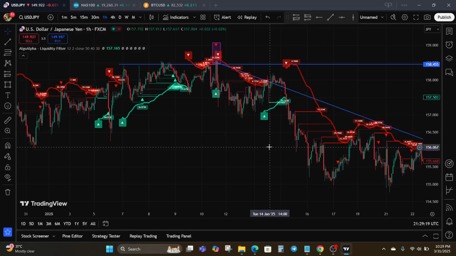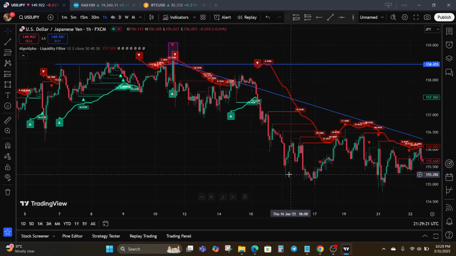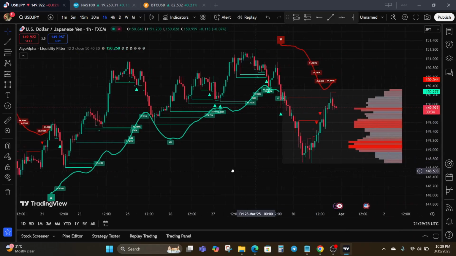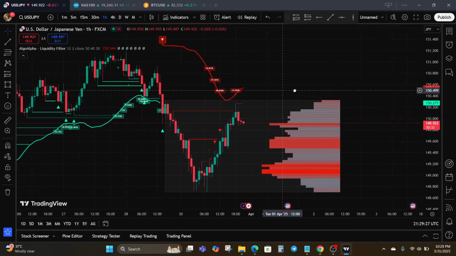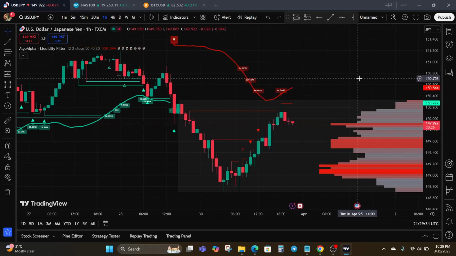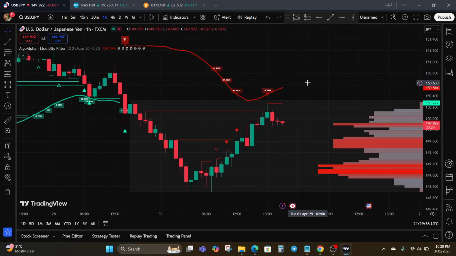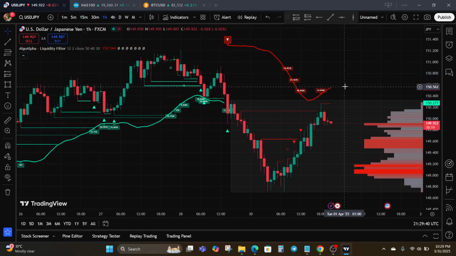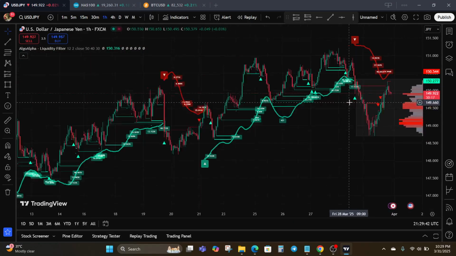Now, this liquidity sweep indicator presents important information that helps with liquidity information. With respect to fake breakouts, price appears to break a support or resistance, but quickly reverses.